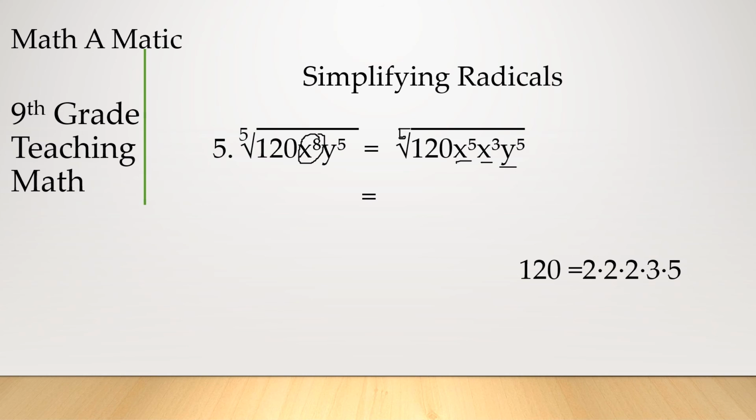So the only thing that I can simplify here is the fifth root of x to the 5th power, and that is x, and the fifth root of y to the 5th power, which is y. So I can bring them outside the radical sign. So I have xy times the fifth root of 120x cubed. That's the simplest form.